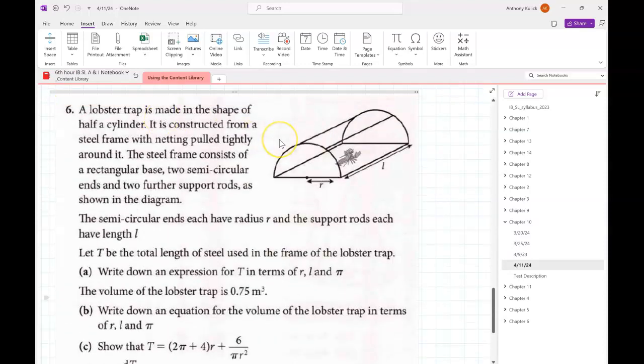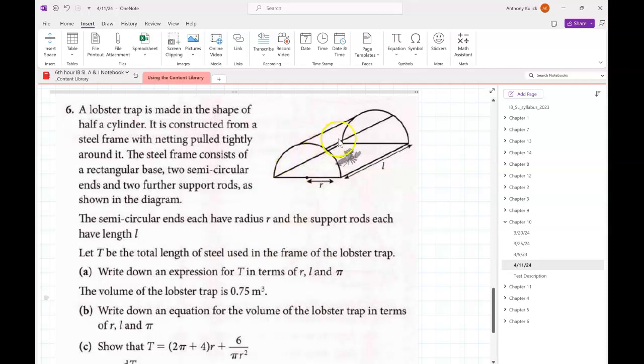All right, a lobster trap is made in the shape of a half cylinder. It is constructed from a steel frame with netting pulled tightly around it. You guys ever seen a lobster trap before? You watch like the deep sea fisherman reality TV shows or whatever. The steel frame consists of a rectangular base and then 2 semicircular ends and 2 further support rods.